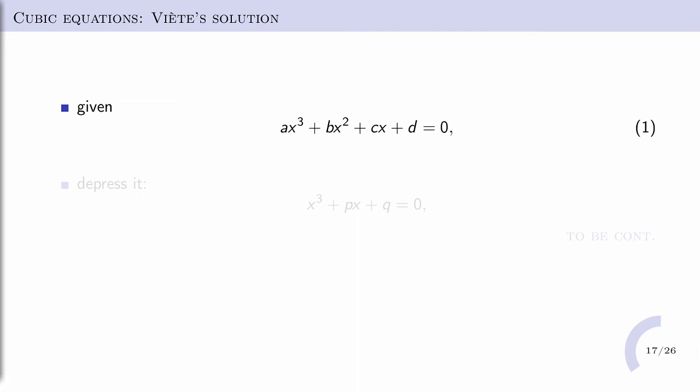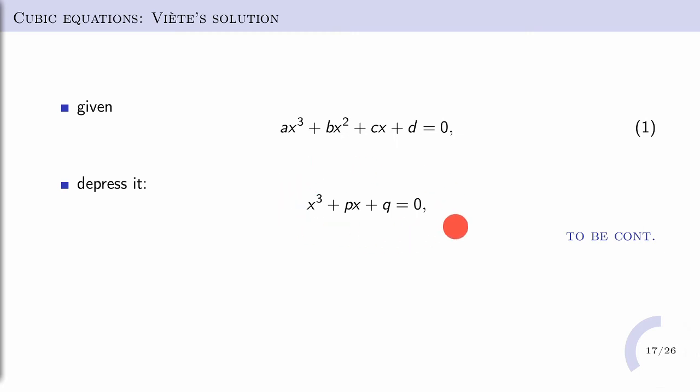First of all, we get rid of the quadratic term by depressing it. We know that minus b over 3a is the mean of the roots of the polynomial, so we substitute x minus b over 3a, and we get a depressed polynomial of this form.